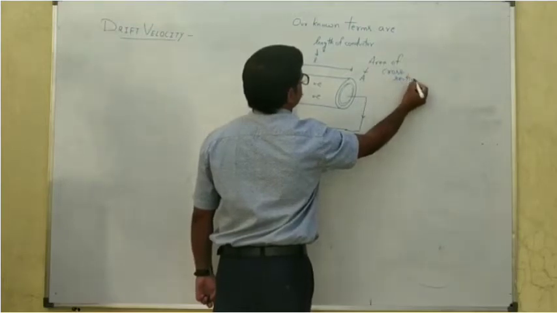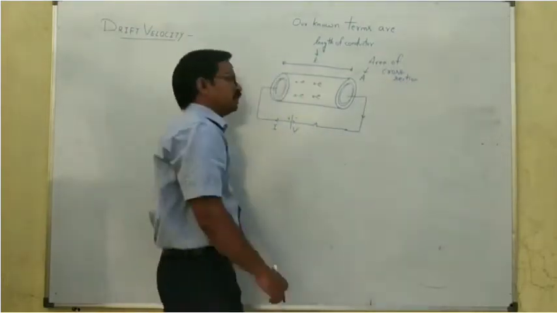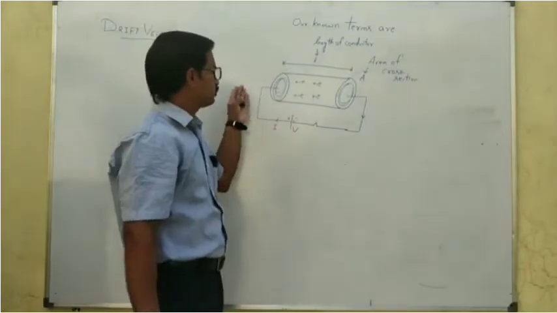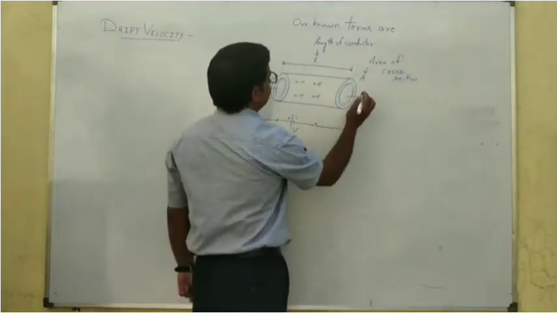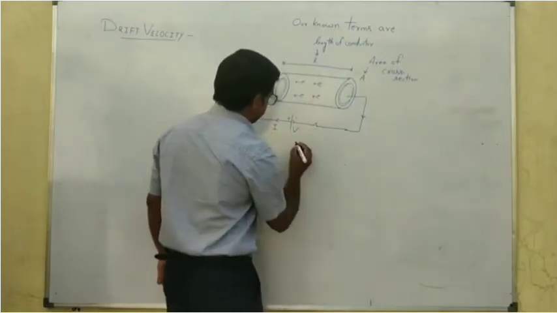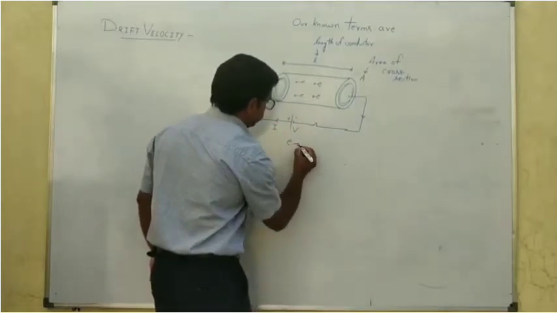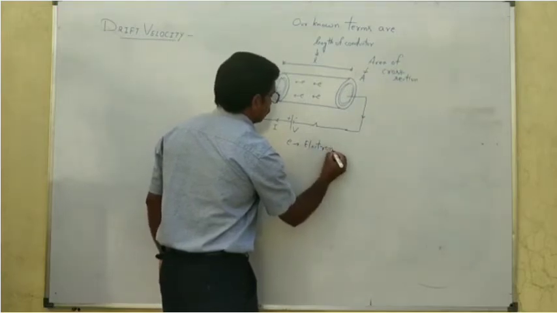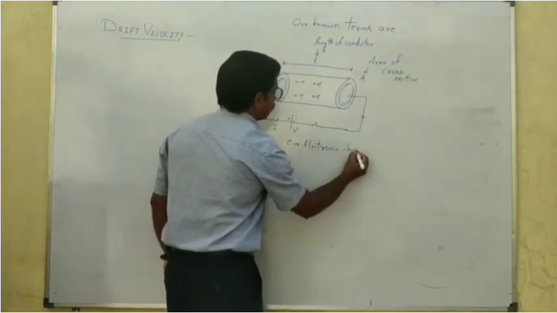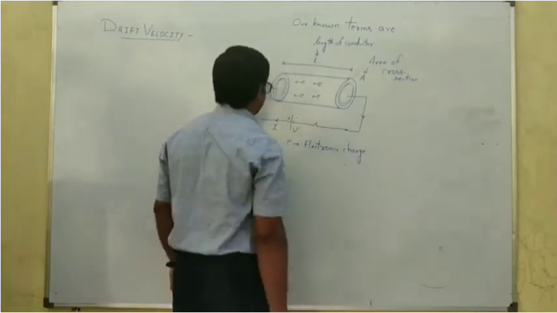Using our known terms, we are going to find out the drift velocity, the average velocity by which these electrons will move towards the positive terminal of this cell. e is the electronic charge, the charge on one electron.